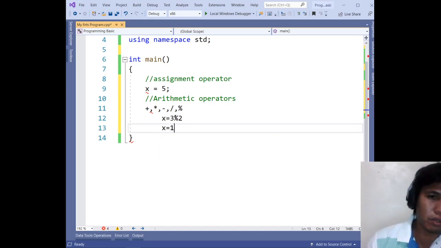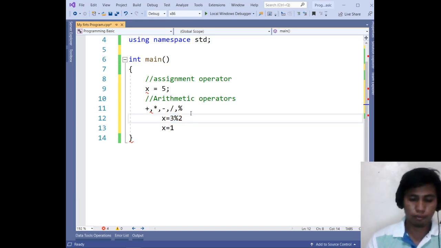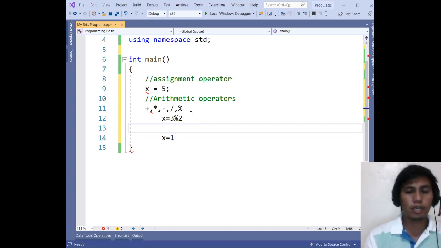Paano po naging 1 yon? So 3 divided by 2, okay, 3 divided by 2, that is obviously 1.5. So disregard the decimal value. So the 0.5, so that should be 1. Ano po ba kunin ang remainder?